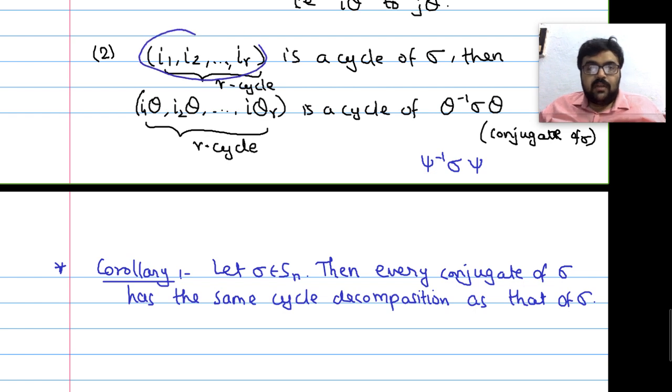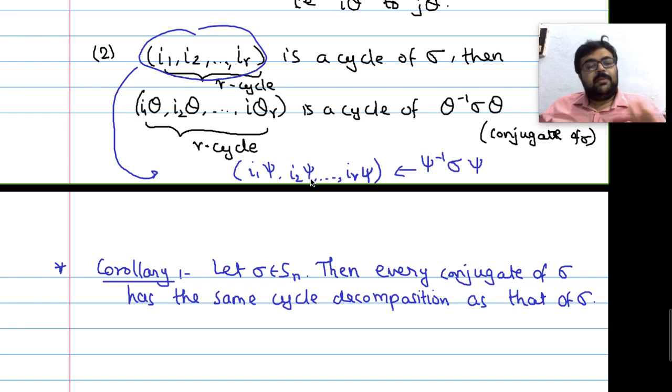This r-cycle (i1 i2 ... ir) will give another r-cycle: psi(i1) is mapped to psi(i2), and so on, up to psi(ir). So the r-cycle will remain the same, only psi will be applied. So the conjugate basically doesn't do anything.